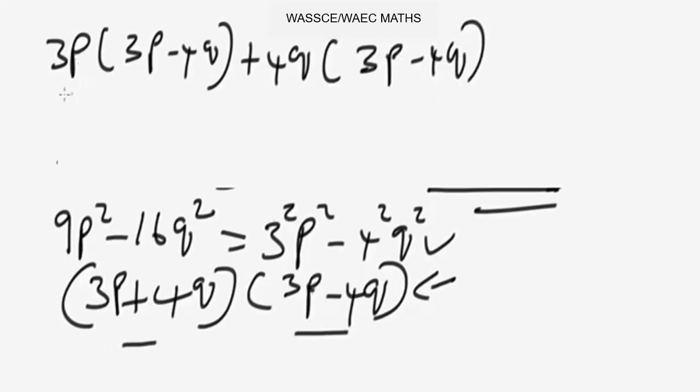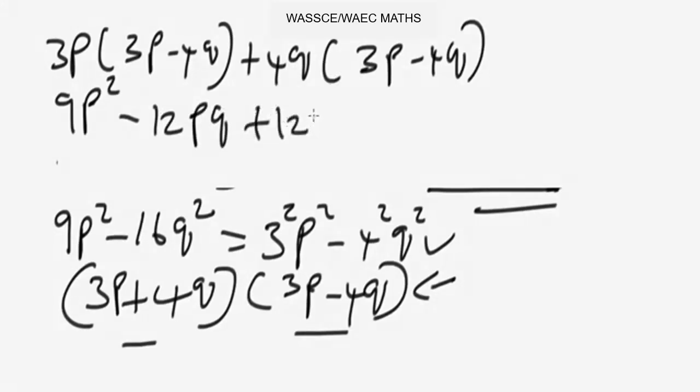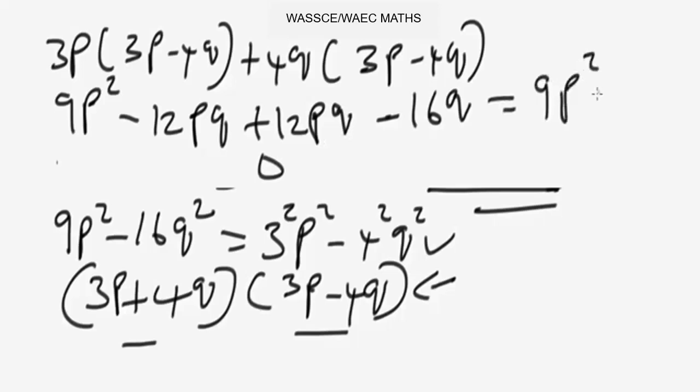When you simplify this, you're going to have 3p times 3p, you're going to have 9p squared. 3p times minus 4q, you're going to have minus 12pq. 4q times 3p will give us plus 12pq. 4q times minus 4q gives us minus 16q squared. So minus 12pq plus 12pq gives us 0. So our final result will be 9p squared minus 16q squared.